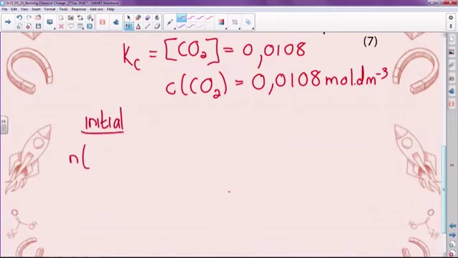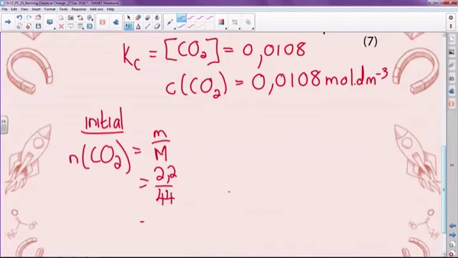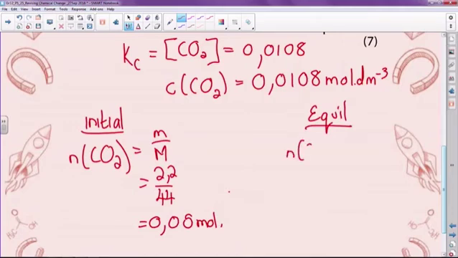Initially, the number of moles of carbon dioxide, mass over molar mass, is 2,2 divided by 44. So it's 0,05 moles.